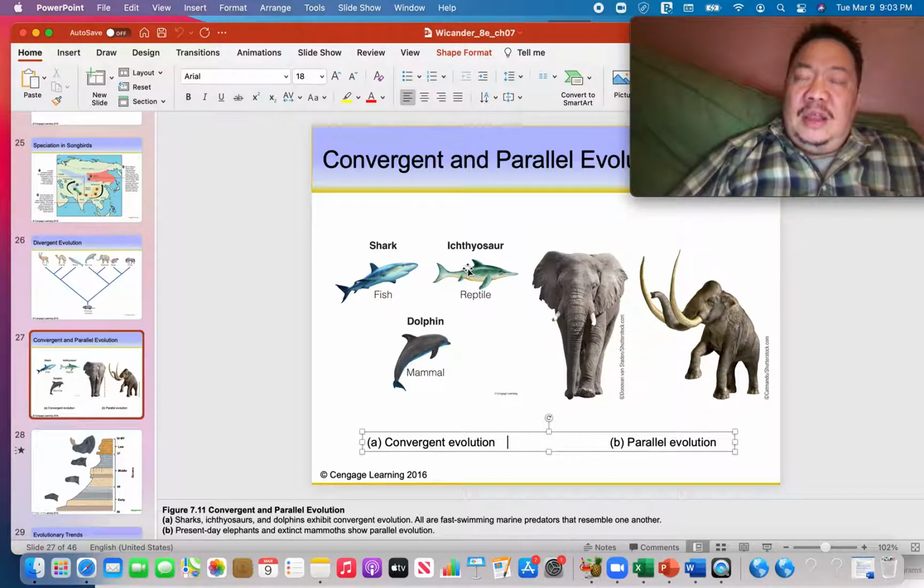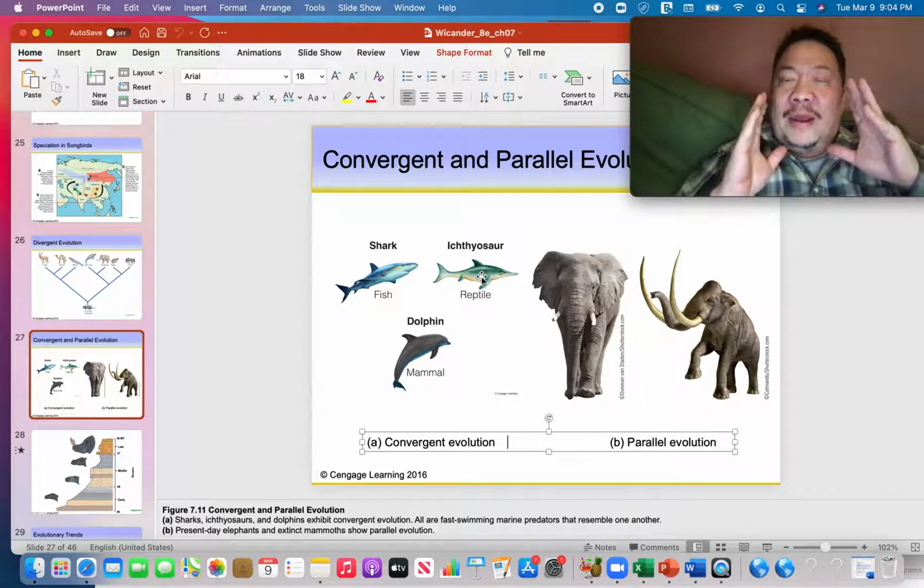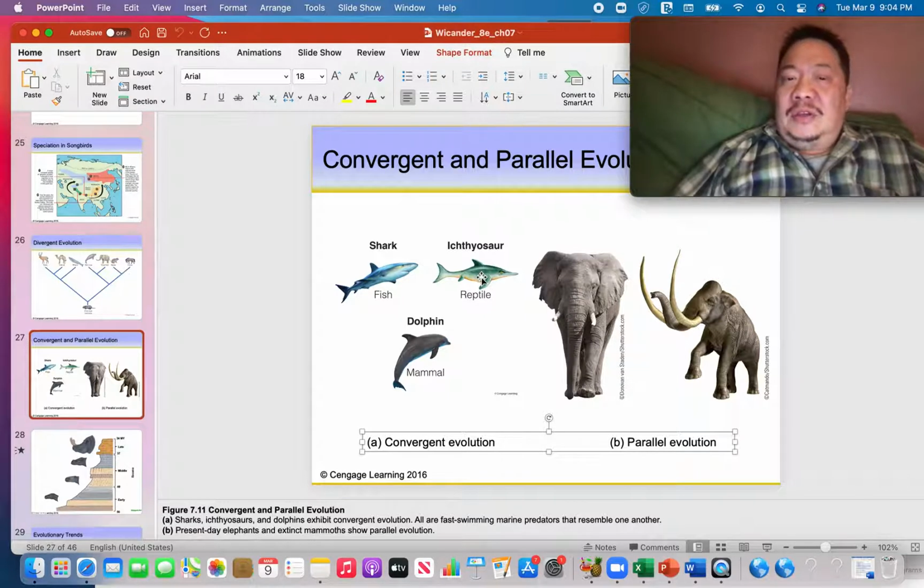the ichthyosaur, led a similar lifestyle. They had to have a streamlined body, and this dorsal fin and the pectoral fin and tail fin all is the best configuration for traveling quickly through the ocean to catch your prey.